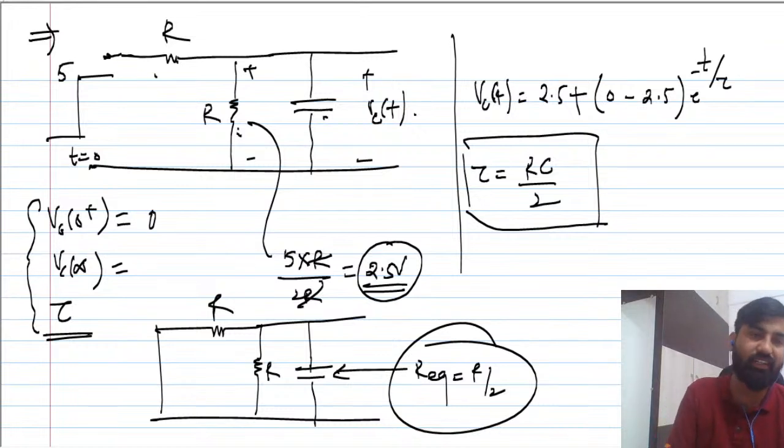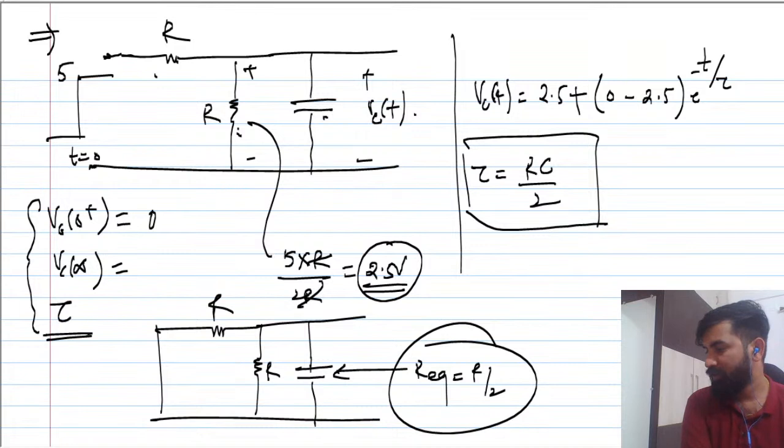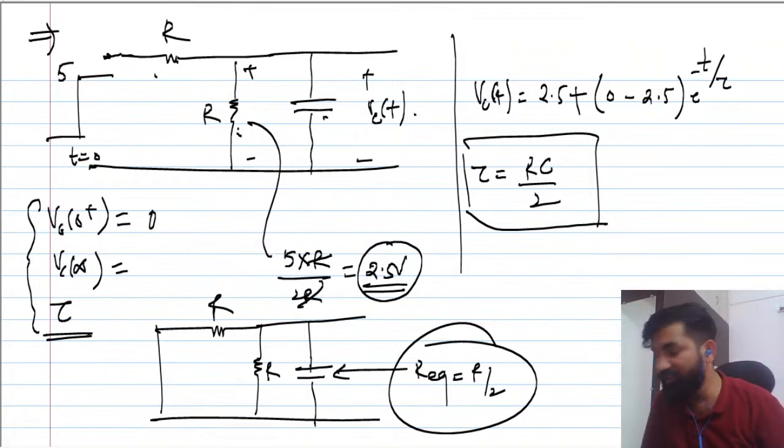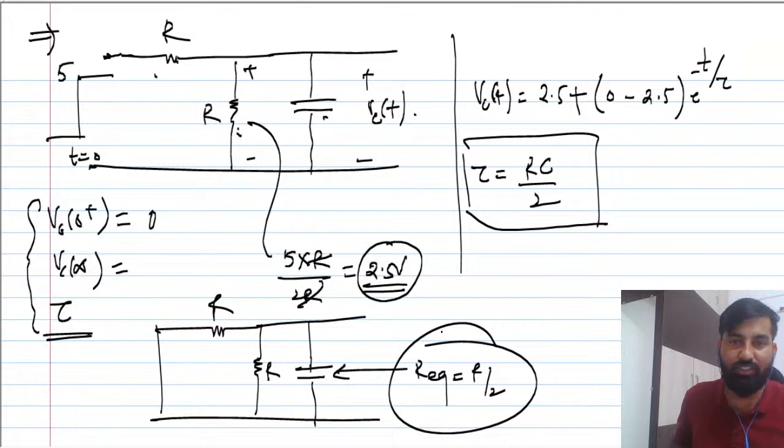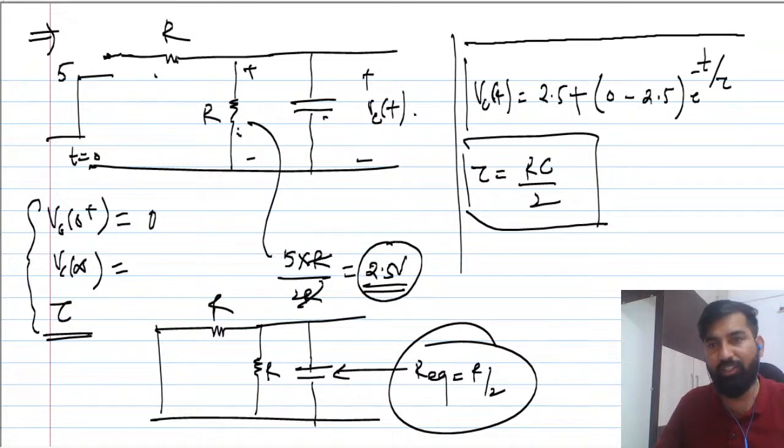What will be the initial rate, guys? Anyone? That you have to understand, this is a very important concept. What will be the initial rate of charge of the capacitor? You can also find the initial rate from here.